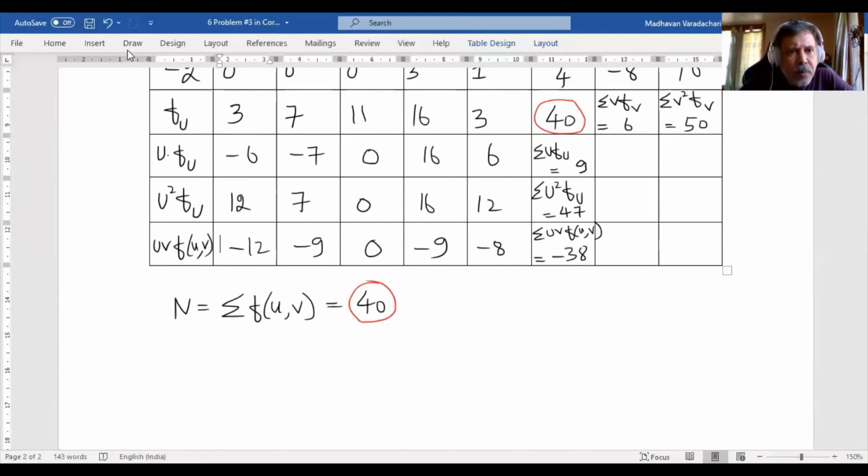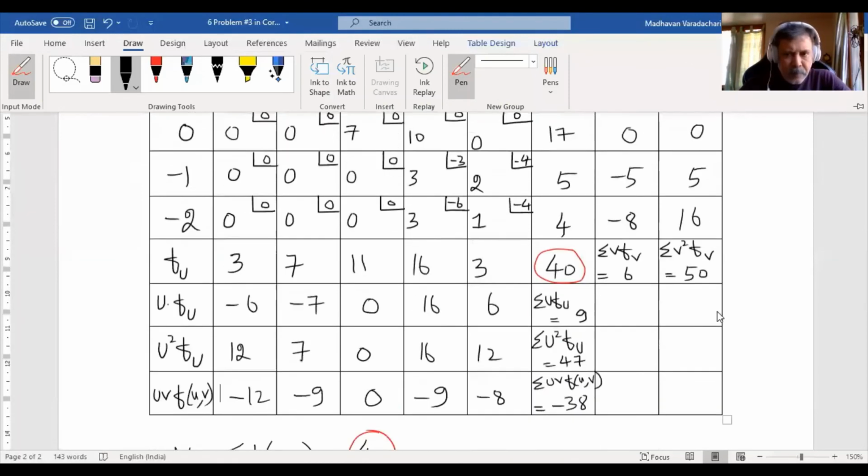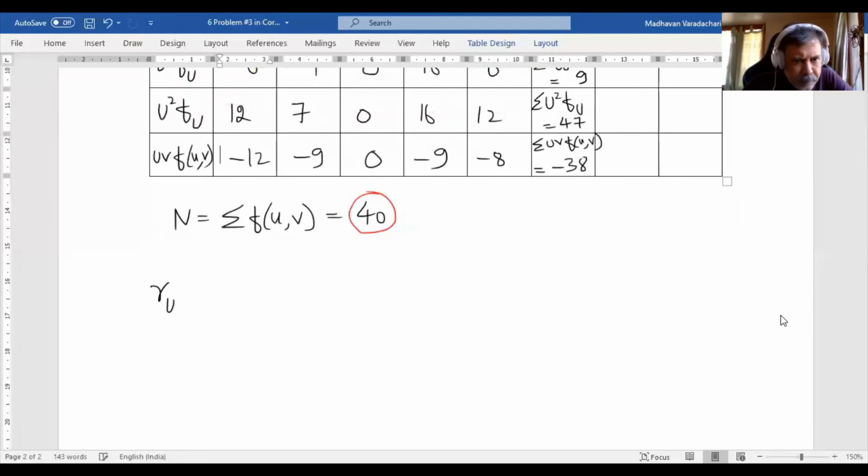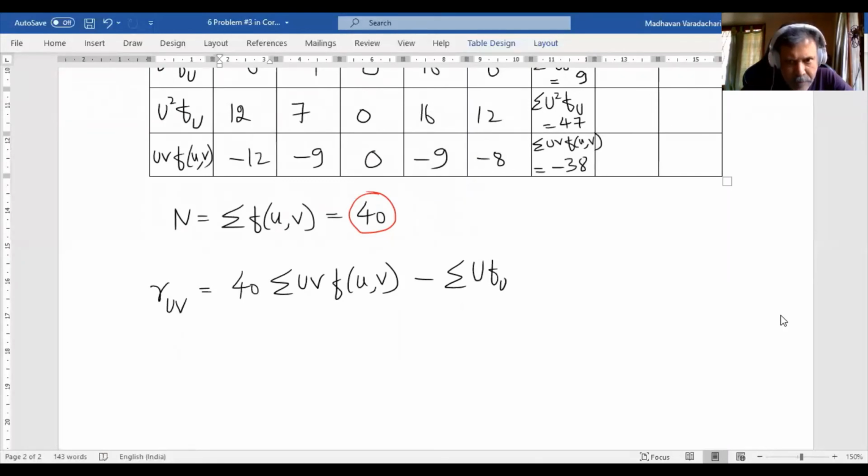Okay, now let us write that formula once again. R UV is equal to capital N, we know it is 40, and then summation U into V F U comma V minus summation U into FU, summation V into FV.